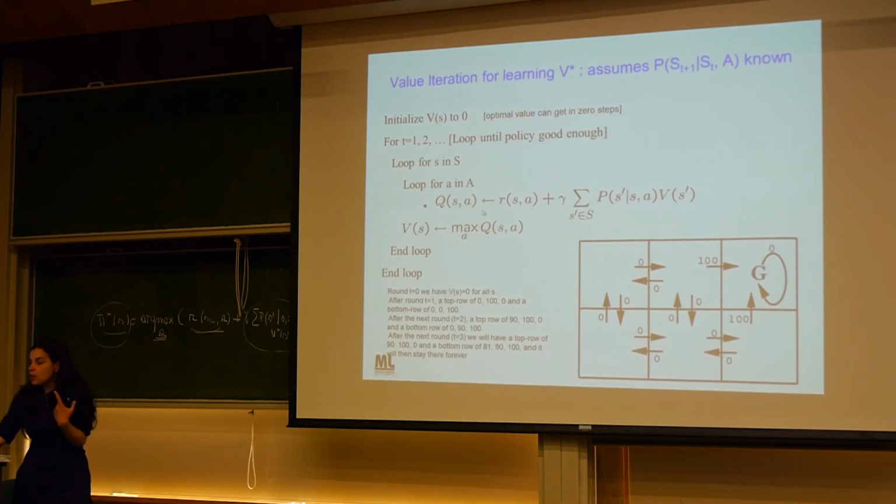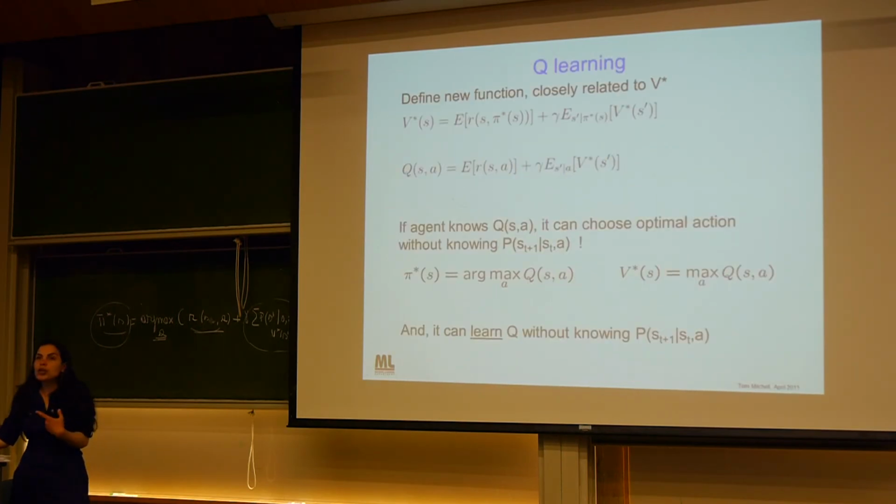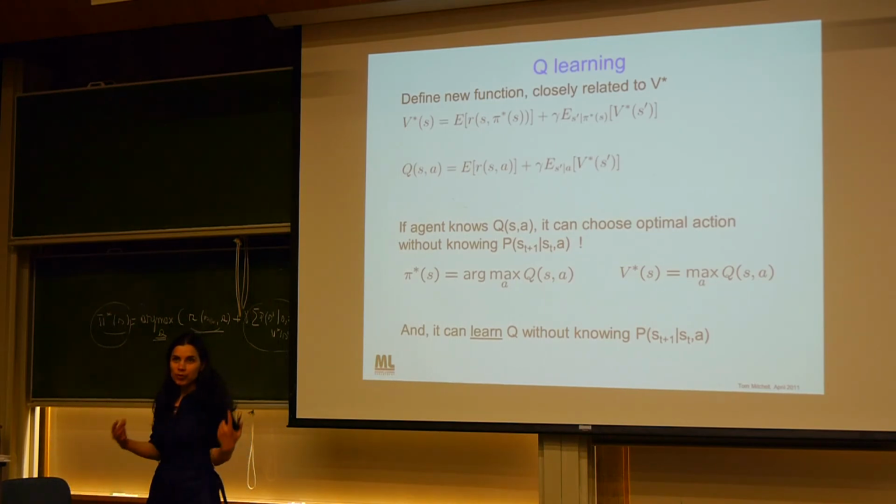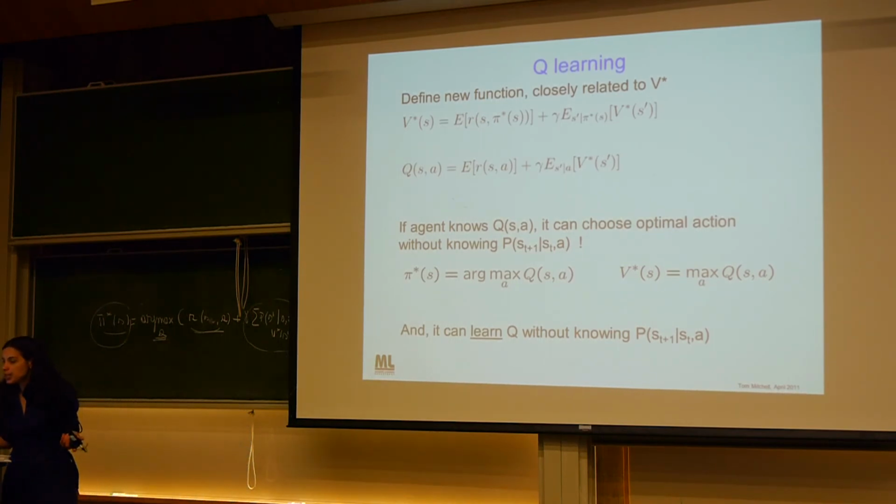But it turns out that I can design an algorithm that directly learns the Q function. I'm not going to attempt to learn the V functions. Instead, I'm going to learn the Q functions. That's why this is called Q learning, and that will allow me to deal with the case when I don't need to know the rewards up front, and I don't need to know the transition probabilities up front.